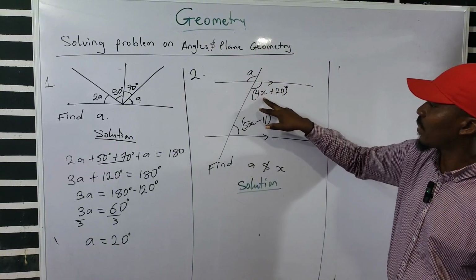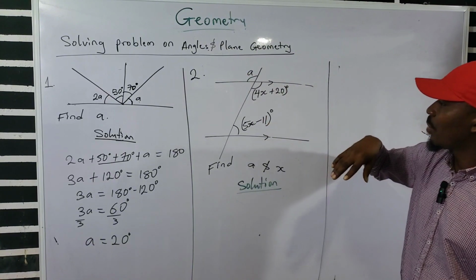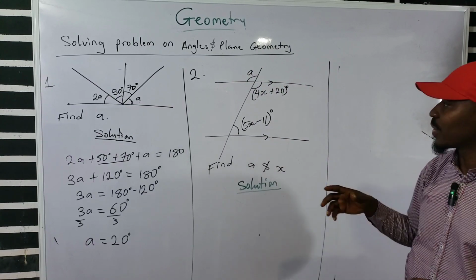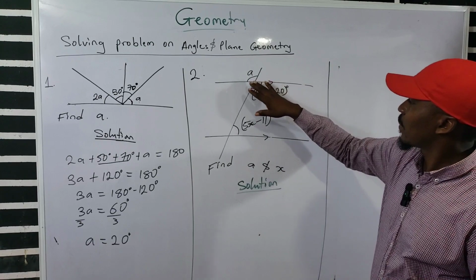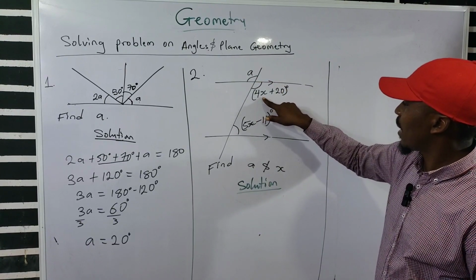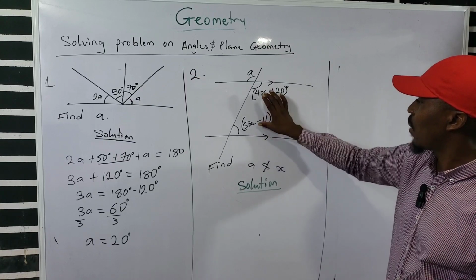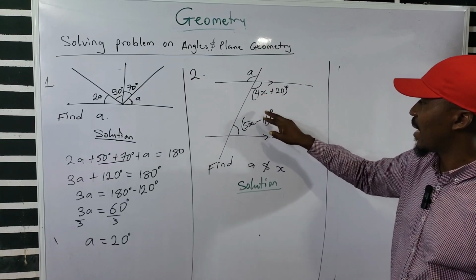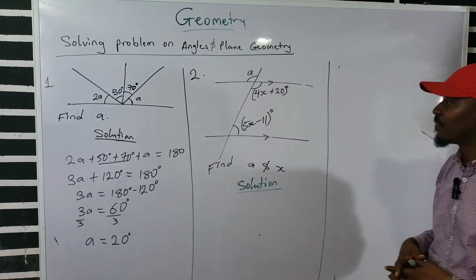So a and the 4x plus 20 are vertically opposite angles, but I cannot use it to solve because it will not give me two unknowns. So I will now use 4x plus 20 and 5x minus 11. That will help me to find the value of my x. Then after that, I can now use it to find the value of a.